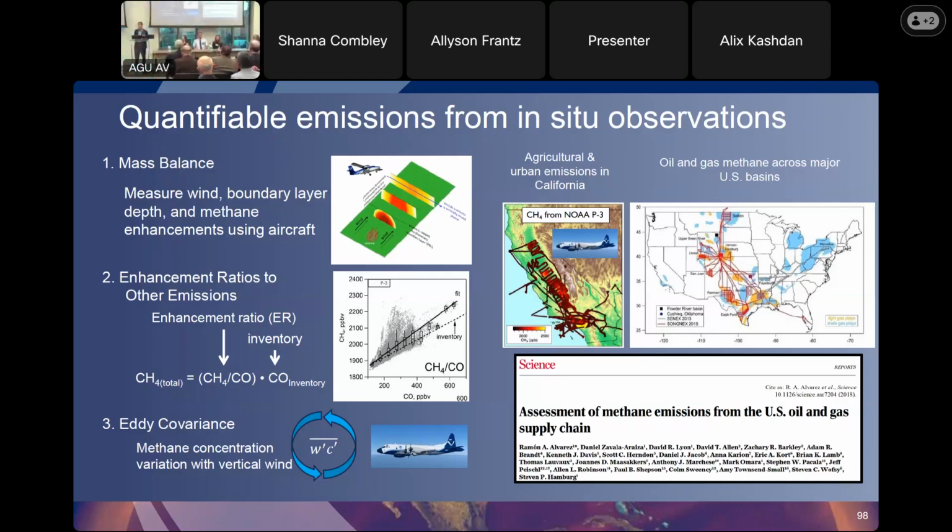So just illustrating the NOAA P3 making measurements in California that are instrumental in understanding the emissions from the urban sector as well as from the agricultural sector. And then also a series of measurements that took place across the majority of oil and gas producing regions in the United States to understand that emission sector. And again, that has allowed these kinds of evaluations of the accuracy of emissions inventories.